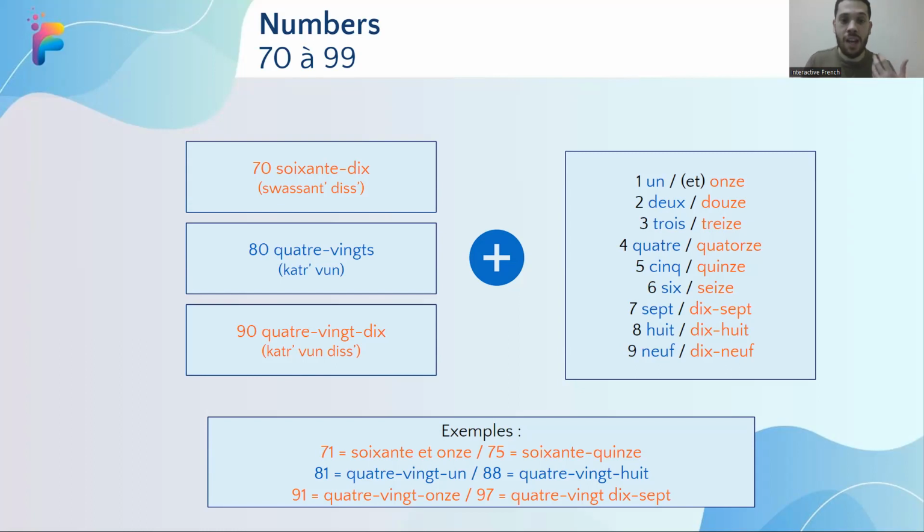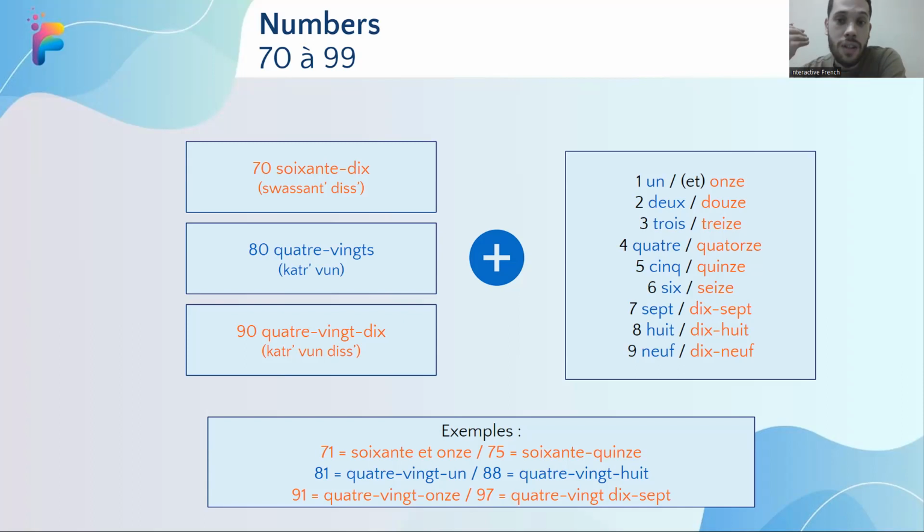Instead, what we say is soixante-dix, which basically stands for 60 plus 10. There are a lot of memes about this, and a lot of people think it's very complicated. It's a little confusing, but it's not that complicated, I swear.